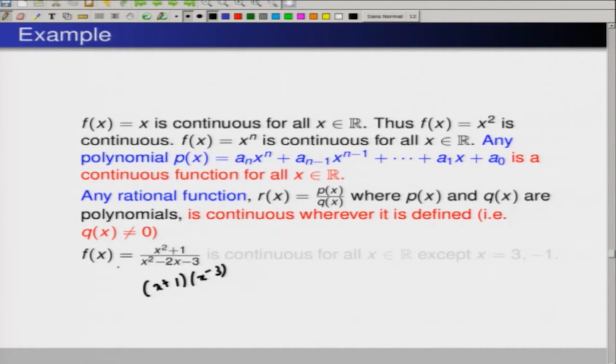Therefore, this function f is not defined at x equal to minus 1, and also not defined at x equal to 3. So, except at those points 3 and minus 1, this function f is a continuous function for all x except 3 and minus 1.